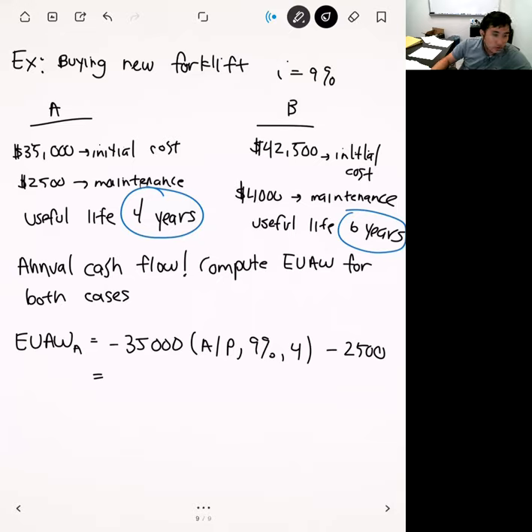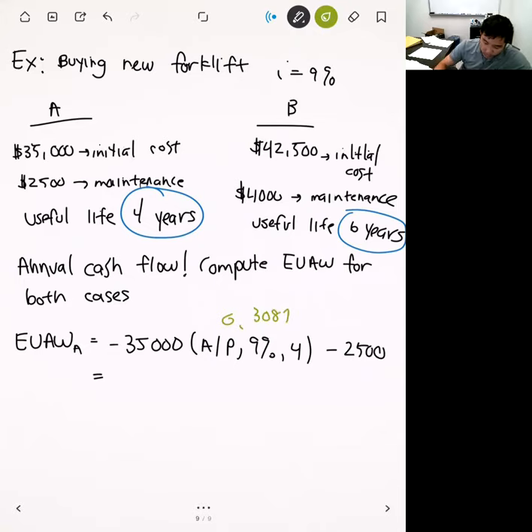Okay, and so the conversion factor here, if we look at the compound interest tables for 9%, we're going to look for A over P and 4 years. This conversion factor here is 0.3087.